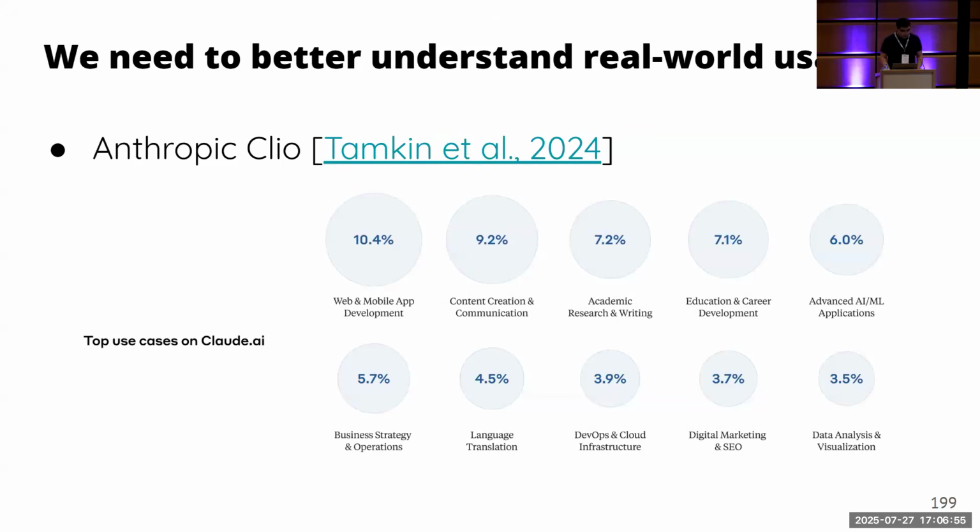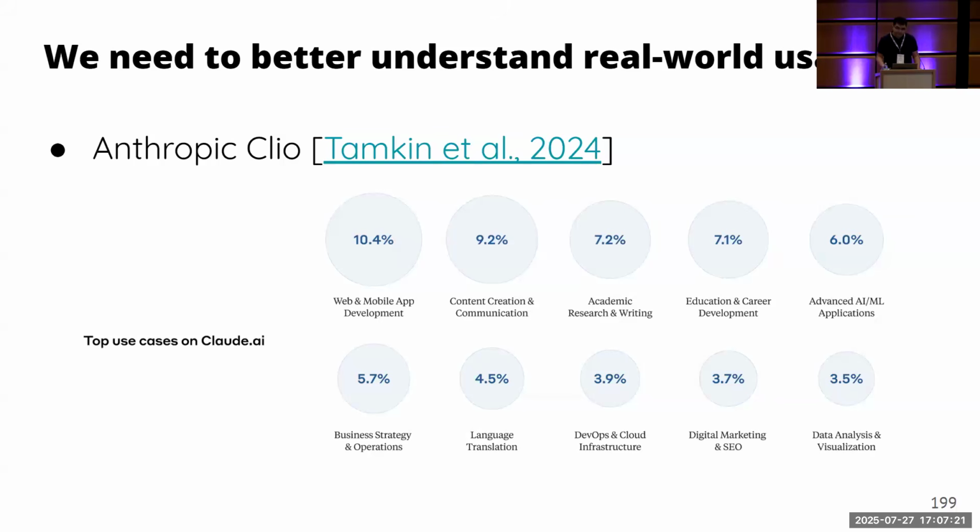Therefore, we want to remind the community that despite all the fast progress of synthetic data, our community also should be paying more attention to the real-world usage of our models. A good example was the Clio paper published by Anthropic last year.